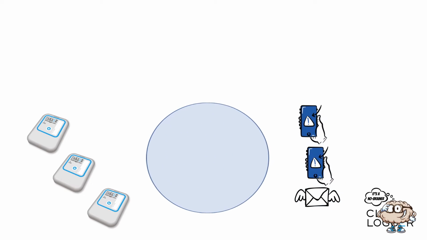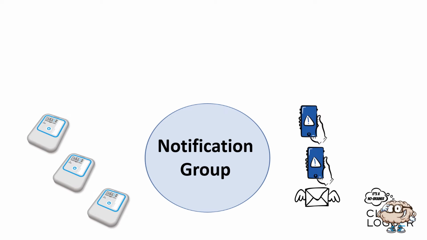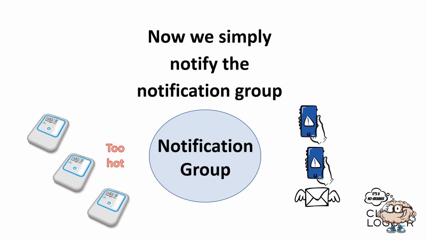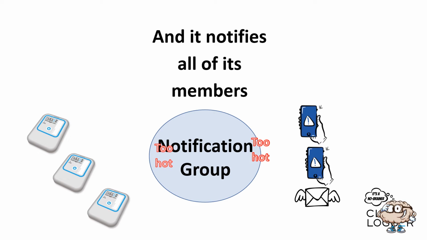Now we've got this notification group, and all the users within that notification group are treated as the one group. If you've got something that's, say, too hot, you send the message to the notification group, and from there it gets forwarded onto all the different users within that group.